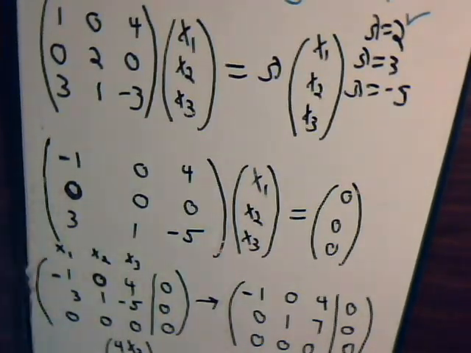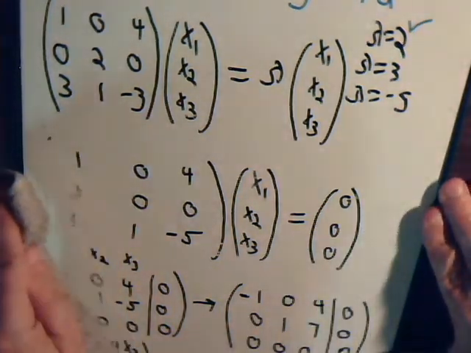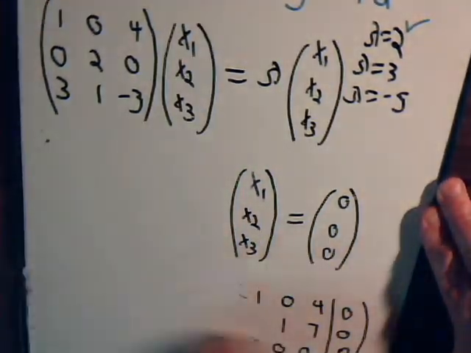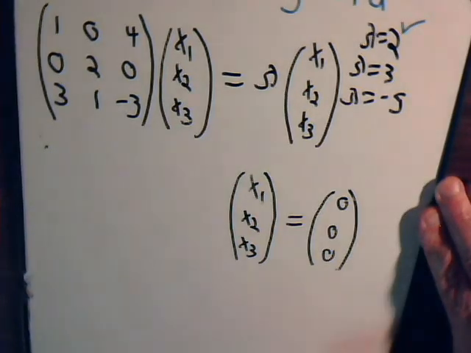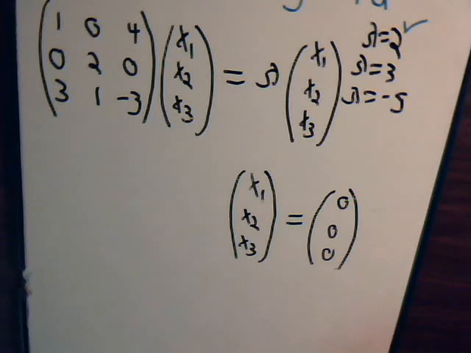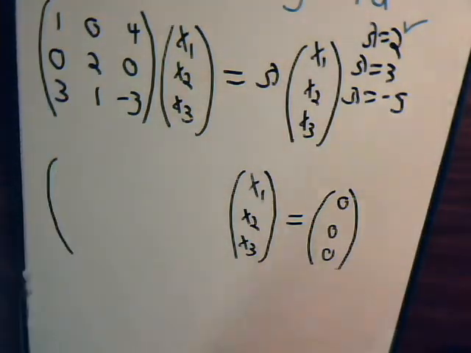Now we want to look at what happens when lambda equals 3. Okay, first thing we need to do is make some space. Now for this matrix, remember it's this one, but we subtract lambda off of the diagonals.